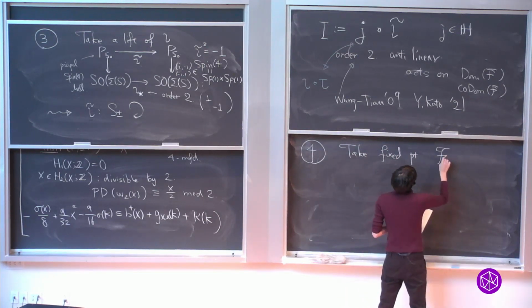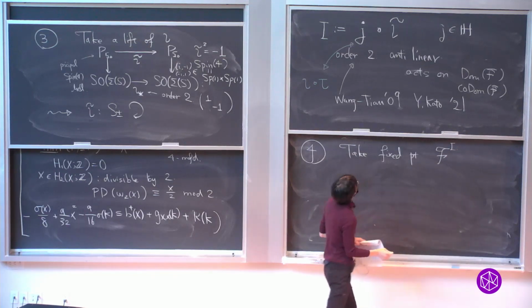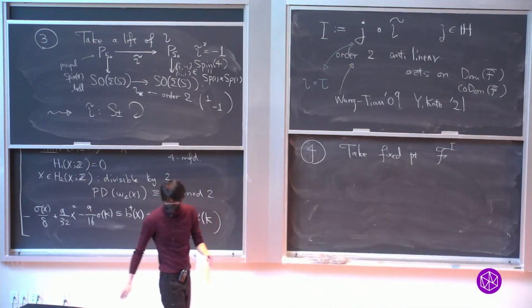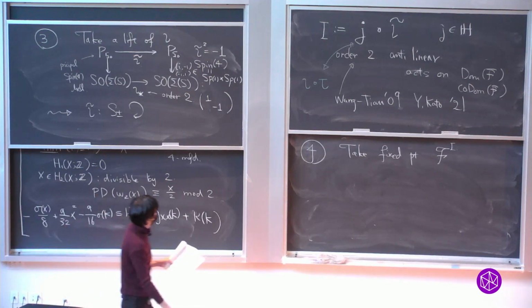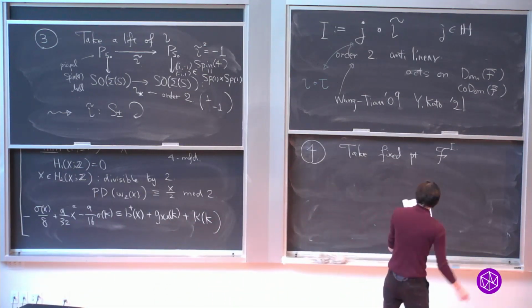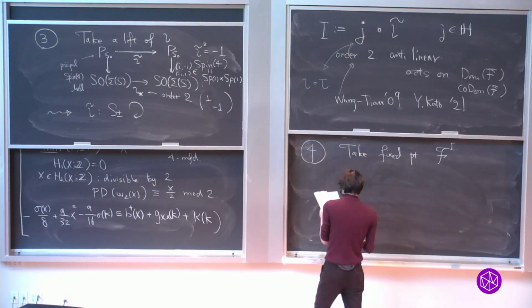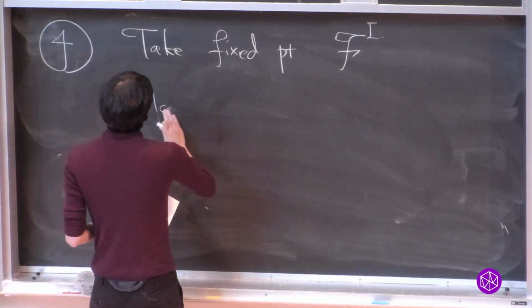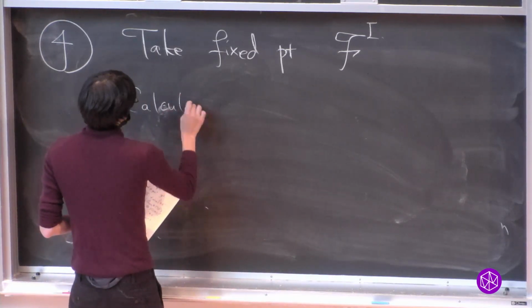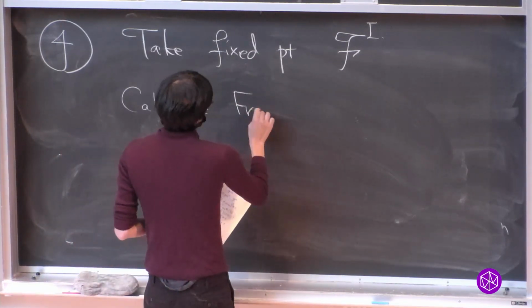So the fixed point part for the Seiberg-Witten equation. Since the Seiberg-Witten equation is equivariant with respect to this action, we can consider the fixed point part. And we need to calculate Fredholm indices.